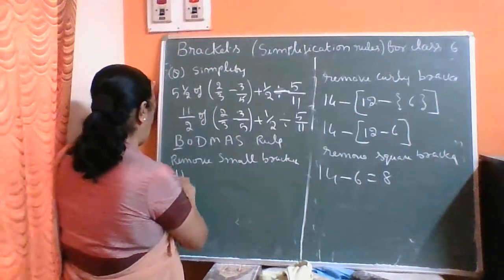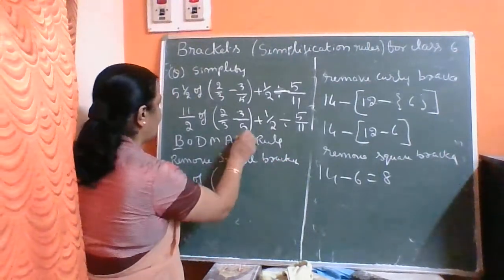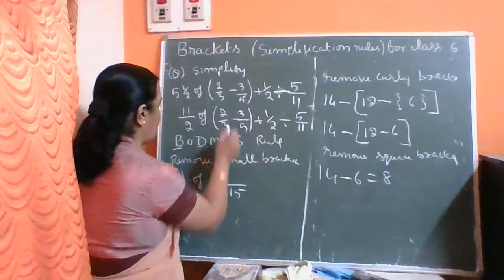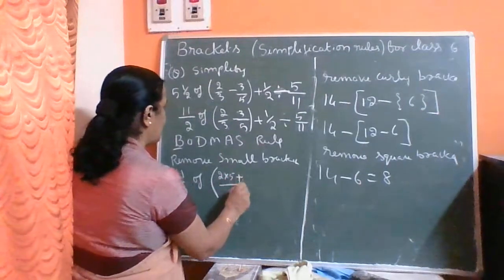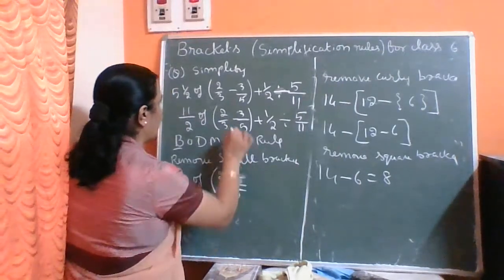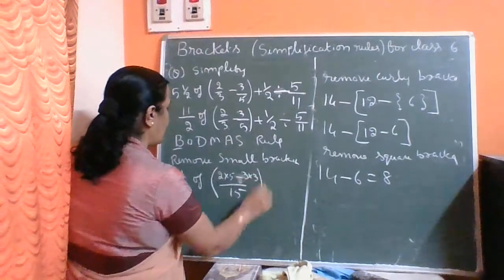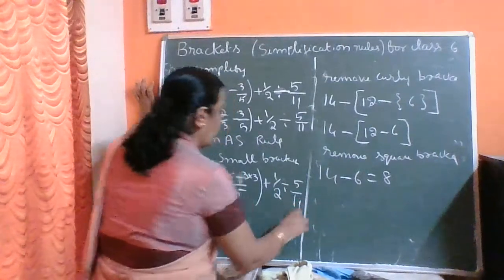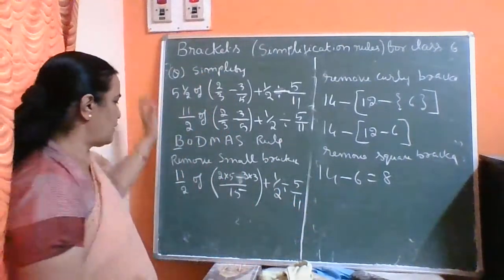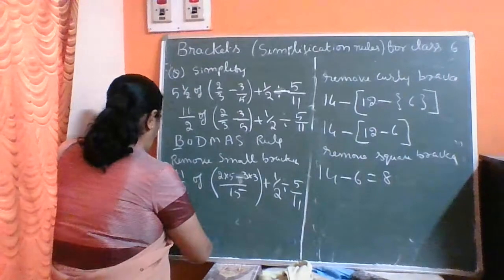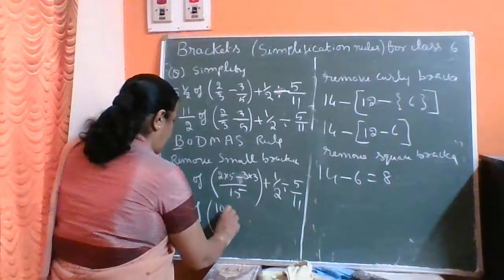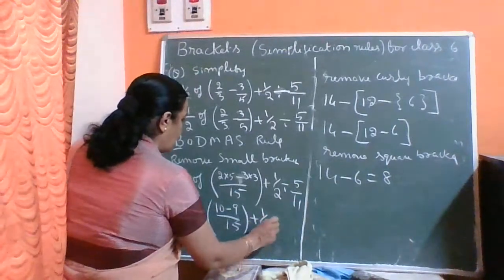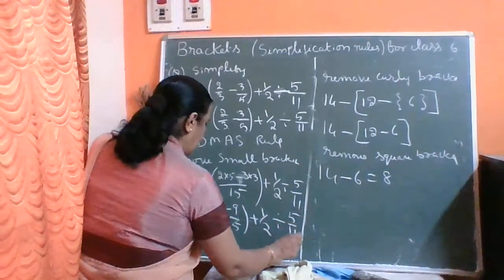Here 11 by 2 of, here 5 3s are 15, and then 2 into 5, minus 3 into 3, and then plus half divided by 5 by 11. Next step is 11 by 2 of 10 minus 9 by 15 plus half division sign 5 by 11.